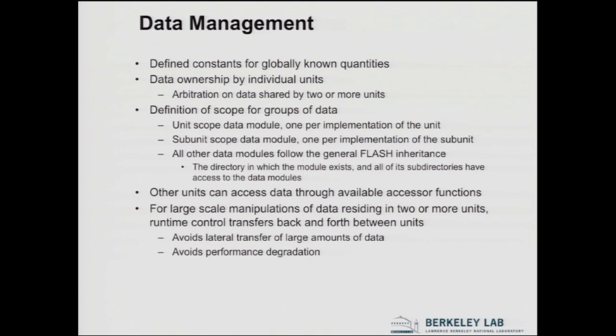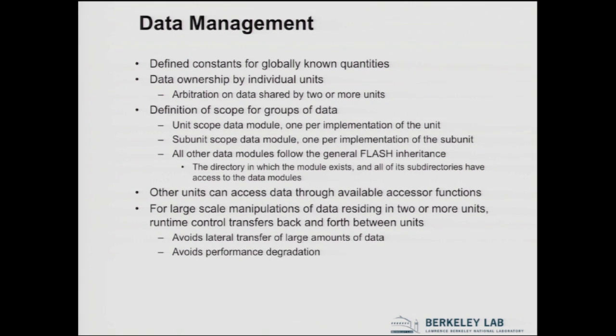Data management takes also several different flavors. We have defined constants for globally known quantities, and these just make sense to do this way. For example, the main data structure that carries all of the field variables of the discretized mesh is a single 5-dimensional array. Three are the spatial dimensions, 1 is the variable dimension, and the final one is the block, because it's a block structured AMR. This array is generated at configuration time, which means that different variables can have different indices into the array as they are built.